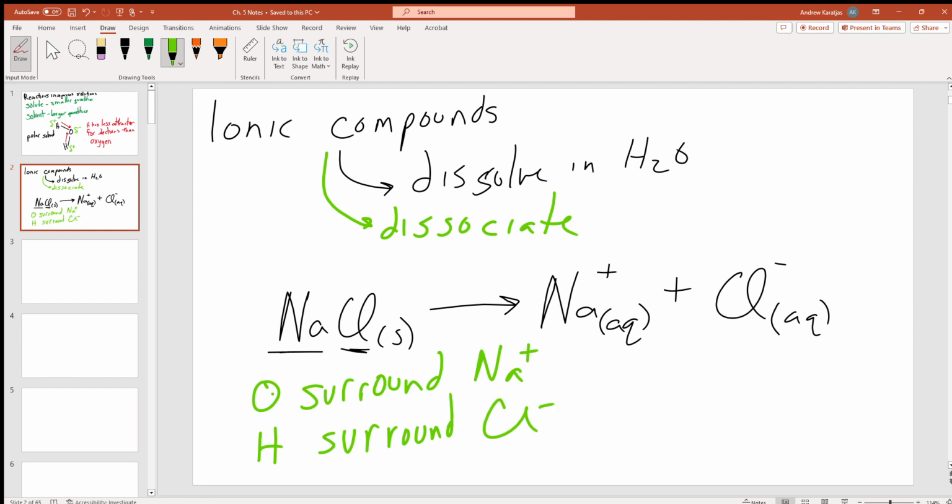And that allows for these sodium and chloride ions to dissociate, or essentially to pull away from each other.